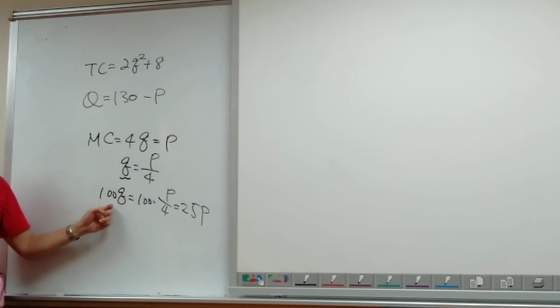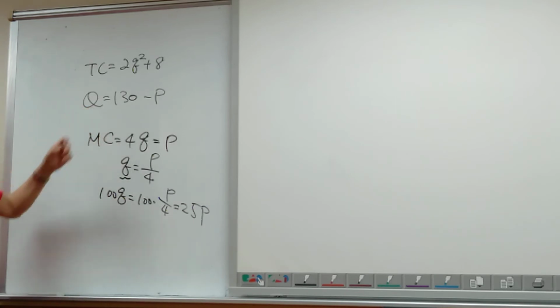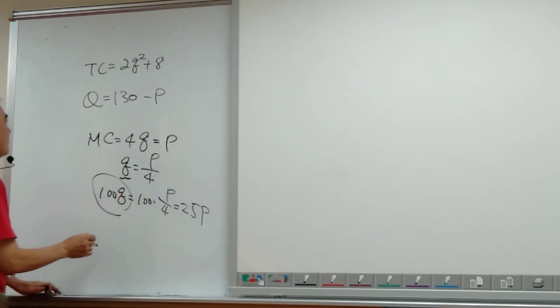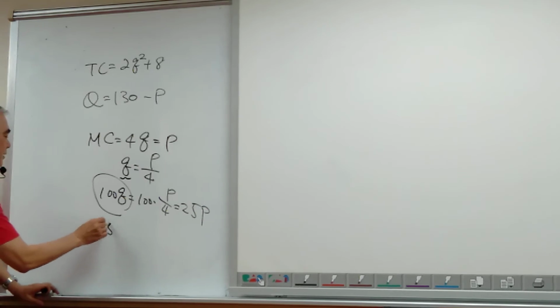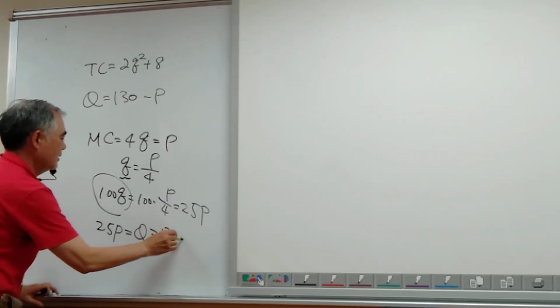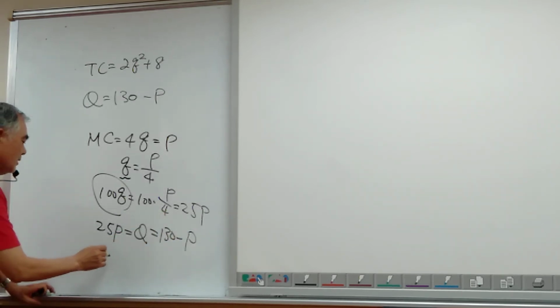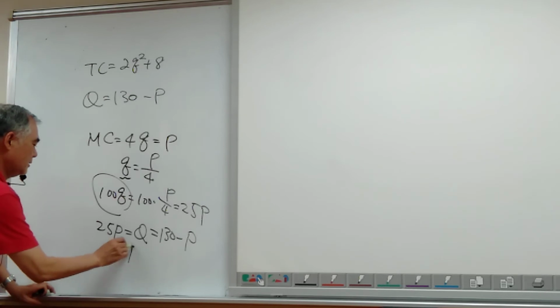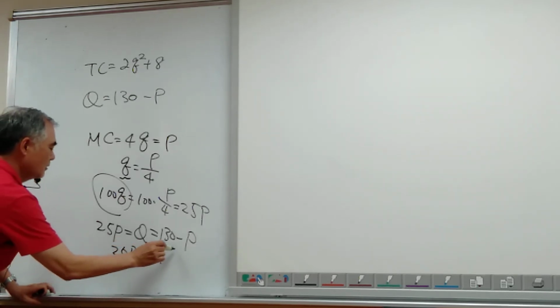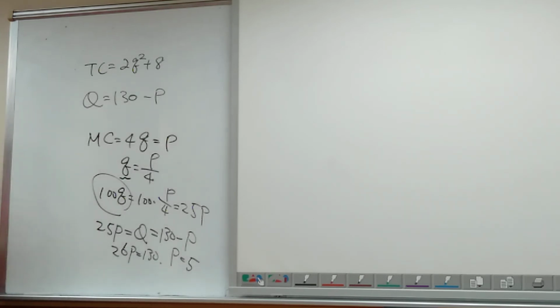So what does that mean? That means 25P is equal to Q is equal to 130 minus P. So that means 26P is equal to 130. So P is equal to 5. Okay? Any questions?